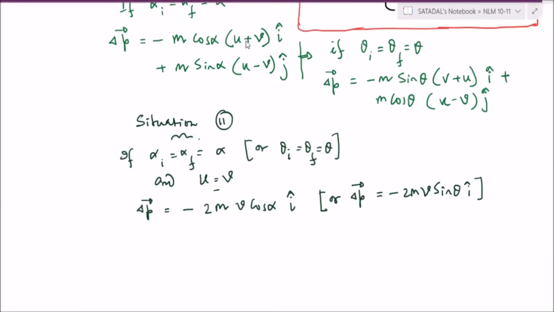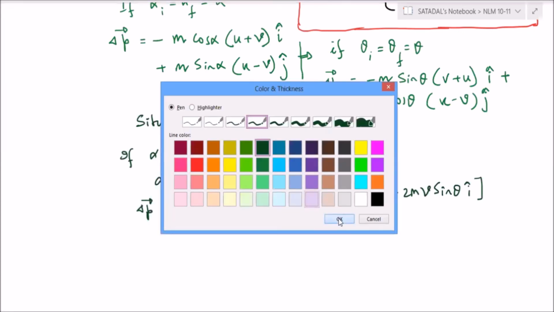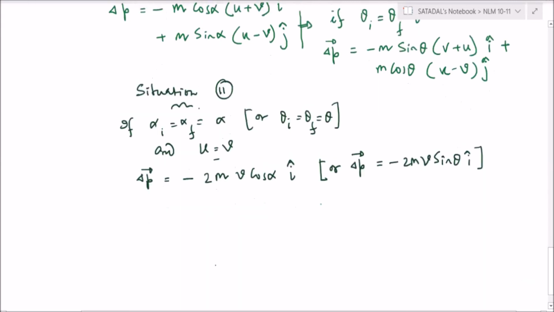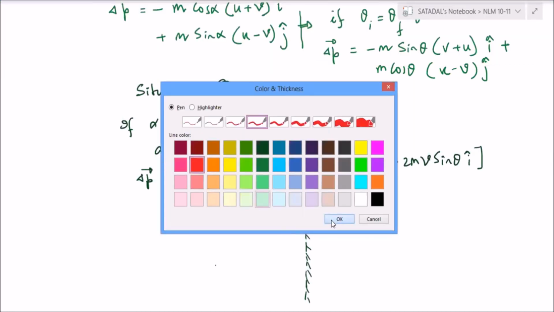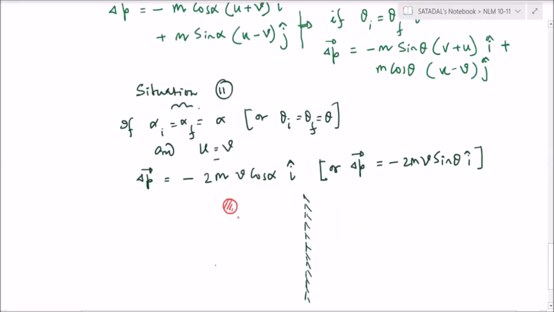Okay, so if I want to represent this pictorially, suppose this is the surface, and a ball is striking it with velocity v, mass m, and then it rebounds back in this direction with the same velocity.